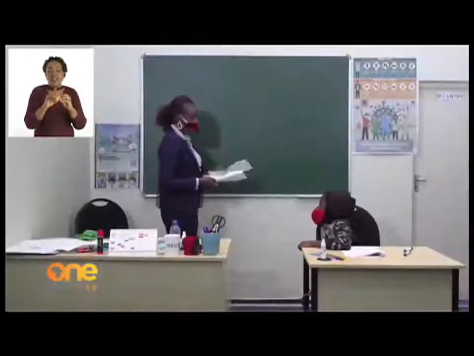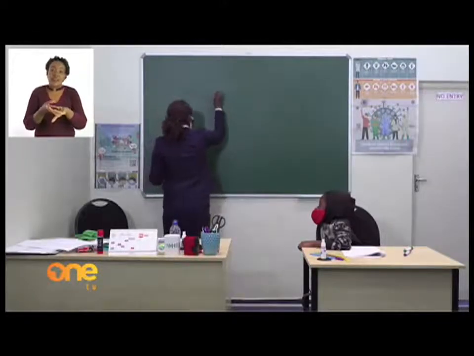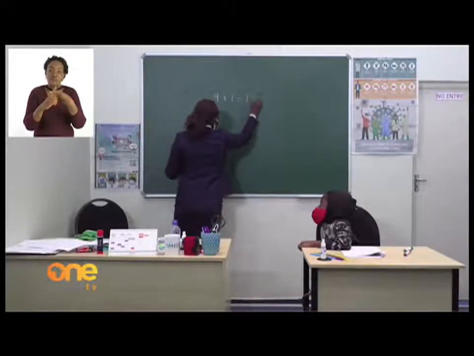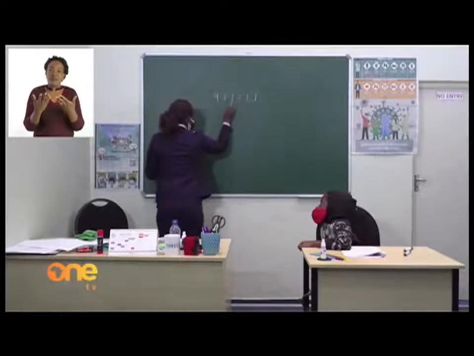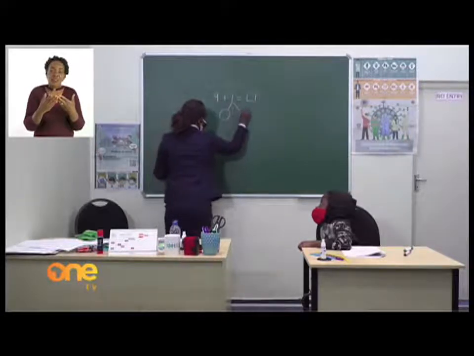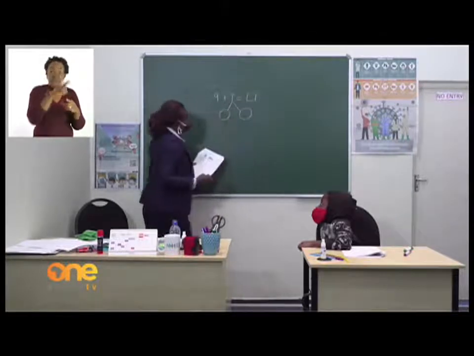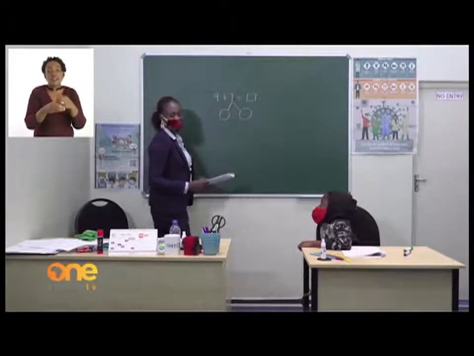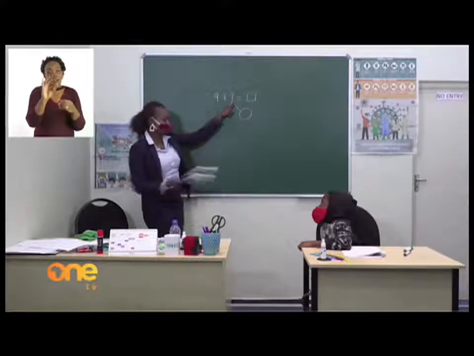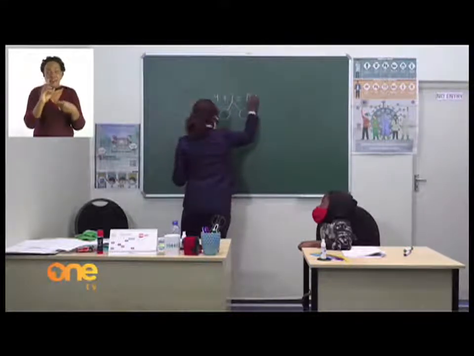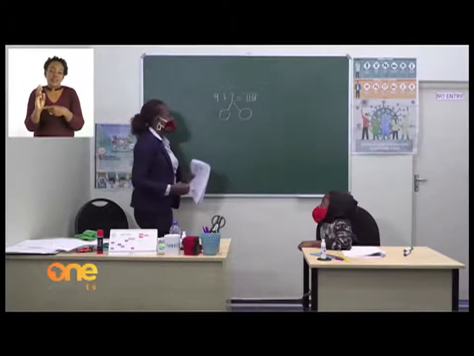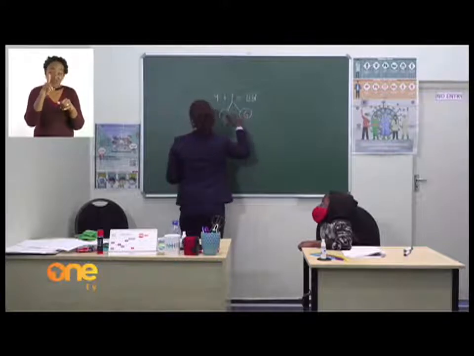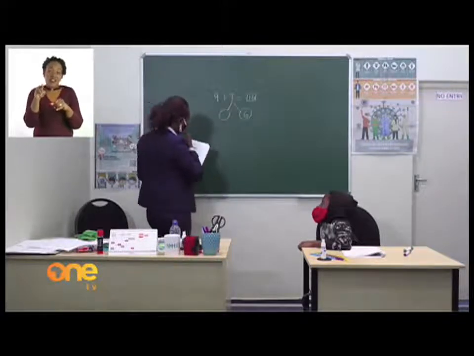I'm going to do an example with you. We have 9 plus 7 equals to, then we have a box, and we have 2 circles. Okay. First, we want to add 9 and 7. 9 plus 7 equals to 16. Okay. Now, we'll take the 6 and put it here. Okay?